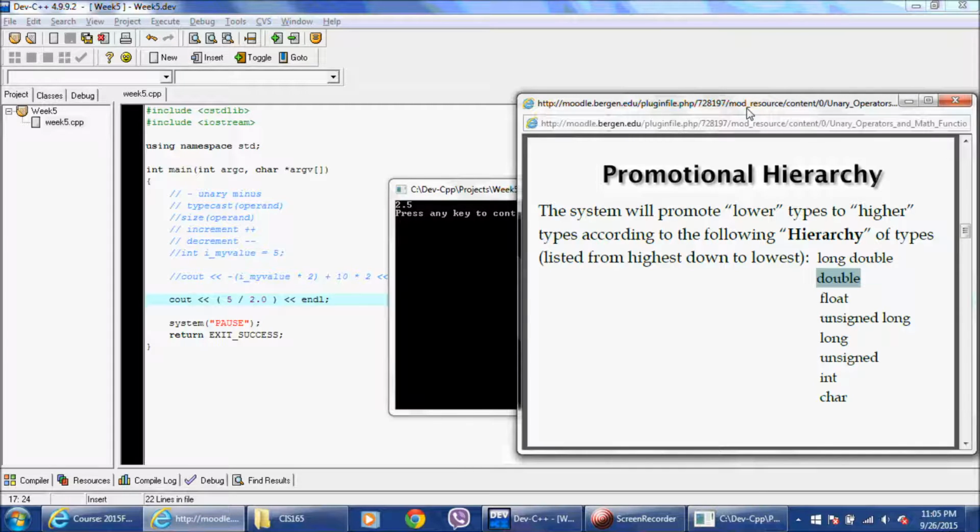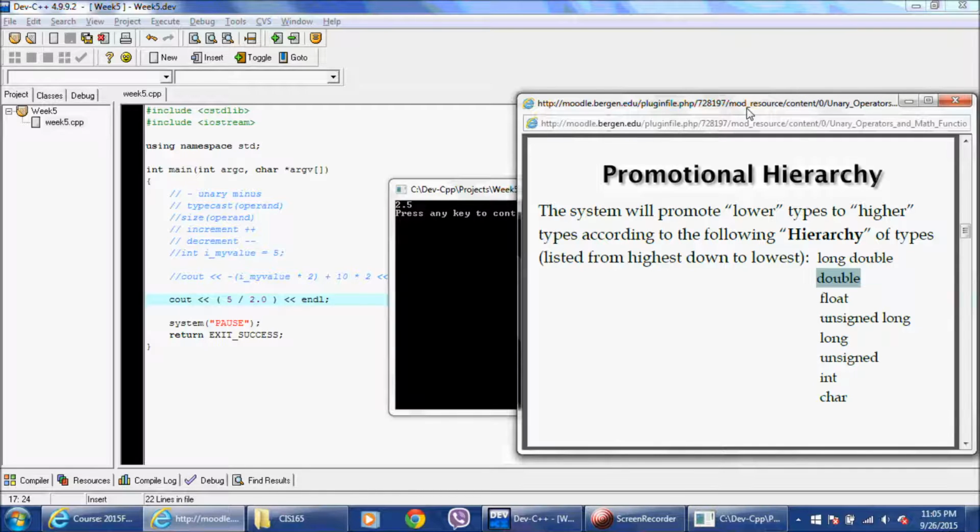Okay? So what happens when you mix a float and an int? Same thing. If you mix a float and an int in an expression, the float is on the top of the hierarchy chain, so the float will win. Okay? Take a minute to do a couple of examples yourself and try and mix these data types and see what the answer is.